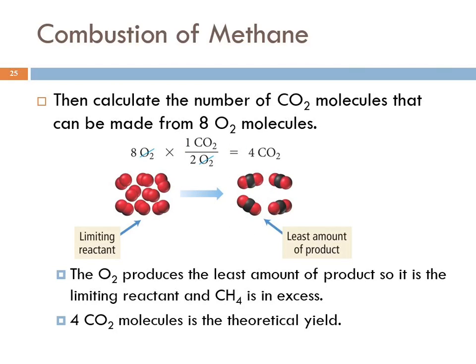And then we look, which is the smaller number, 4 or 5? Well, 4 is smaller. So that tells us that the oxygen is what limits the production of the product. And so 4 carbon dioxide molecules is the theoretical yield.